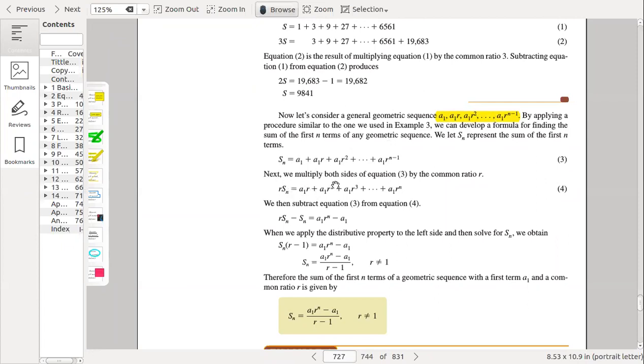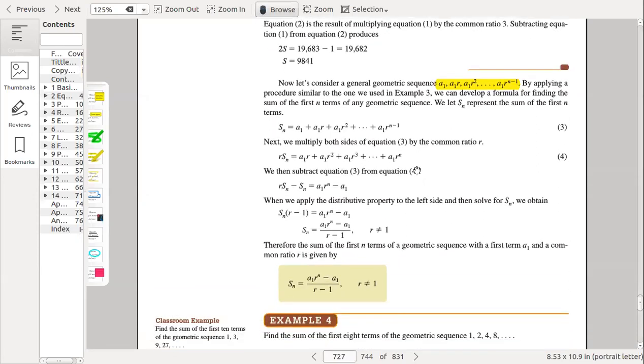Next we multiply both sides of equation 3 by the common ratio. What is the common ratio? Here the common ratio is r. So multiply this equation with r. We will get r Sn equals a1r plus a1r square plus a1r cube plus, and so on, a1r n.